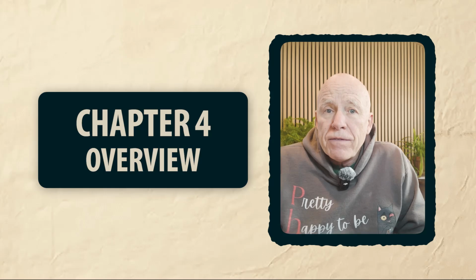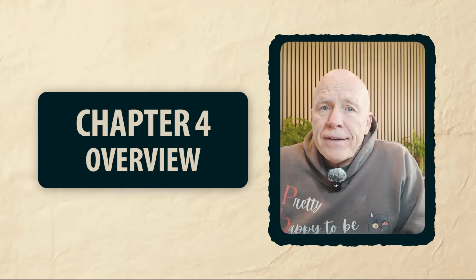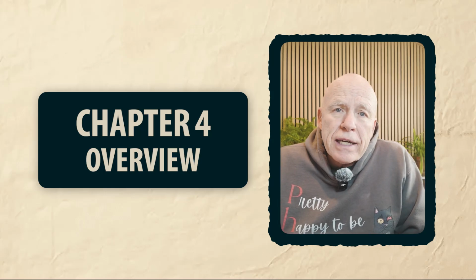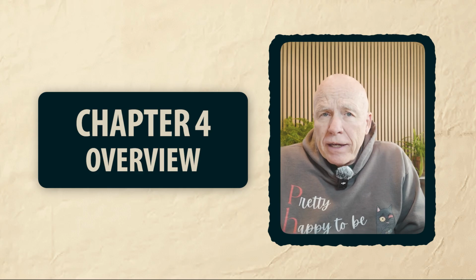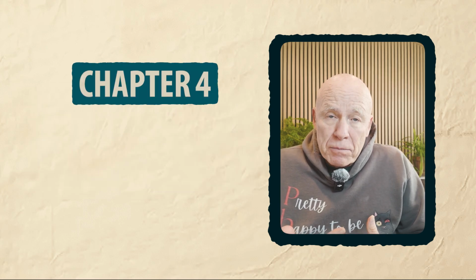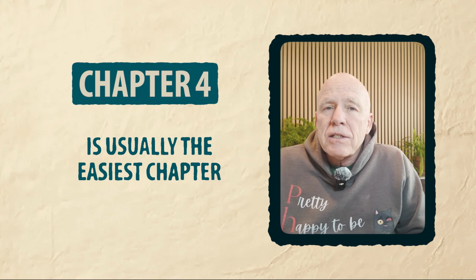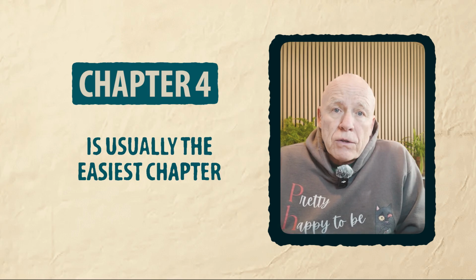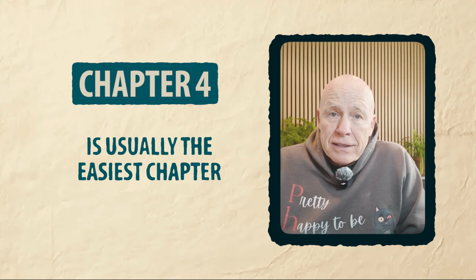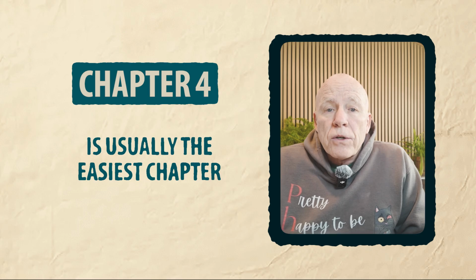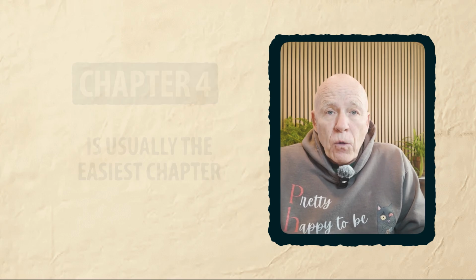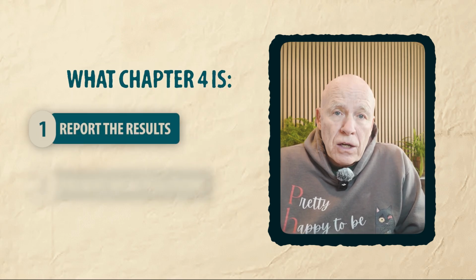Today I want to talk briefly about Chapter 4 and some of the questions we get about Chapter 4. Before I get to that, in my mind, Chapter 4 is probably the easiest chapter that you're going to write in your dissertation. Because in Chapter 3, you laid out what you're going to do. And in Chapter 4, you're reporting your results.